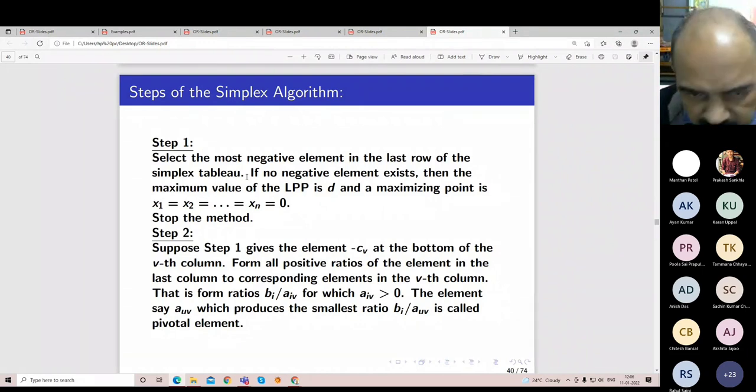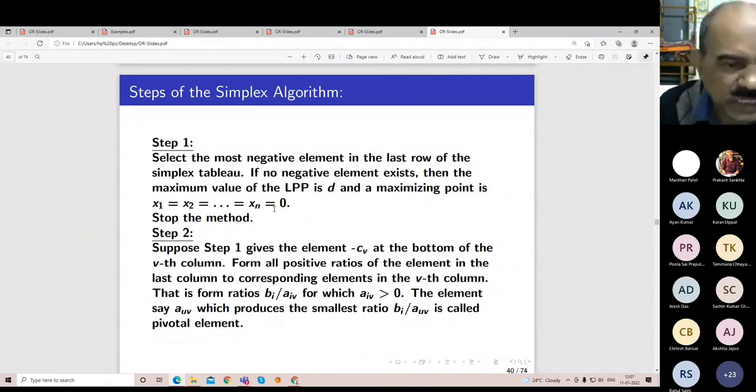Okay, so step 1. If you find there is no negative element in the last row of the simplex table, we conclude that the present table is optimal, and we stop the method. If there is a negative element, we proceed to step 2.